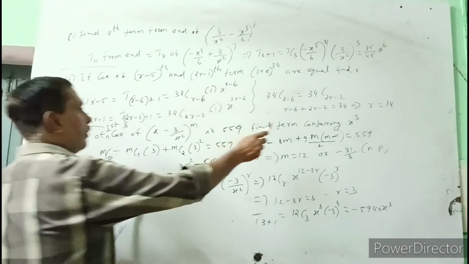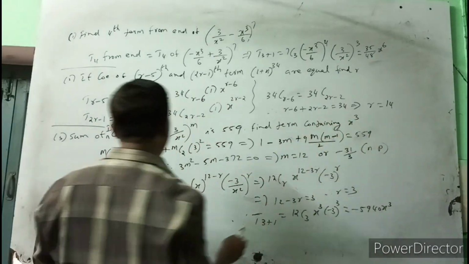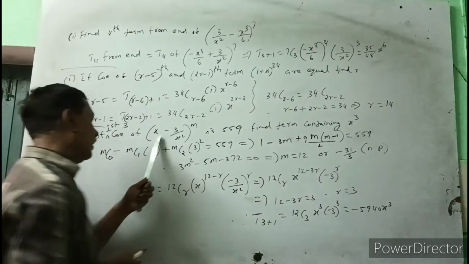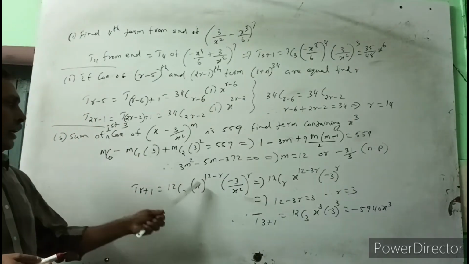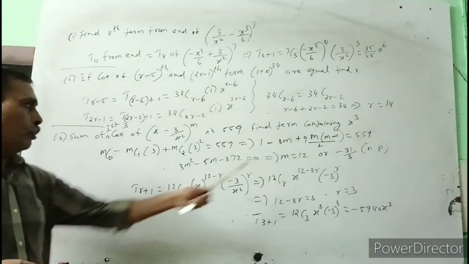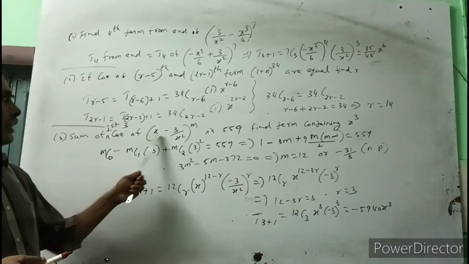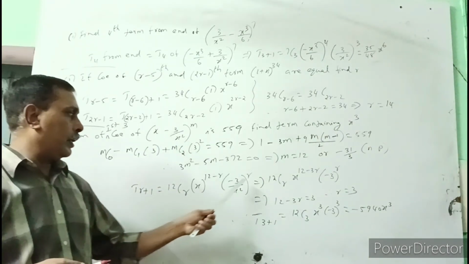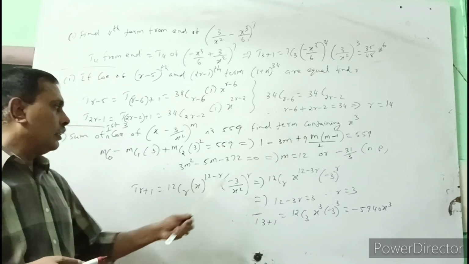Now I want the term containing x cube. First I find the coefficient of x cube. So T(r plus 1) I calculated as 12 C r, m is already 12, 12 C r x raised to 12 minus r into the second term, minus 3 upon x square, all raised to r.